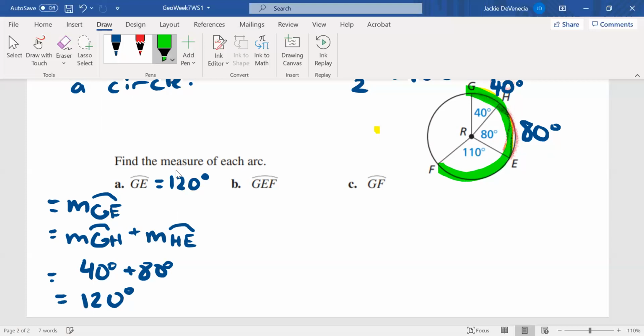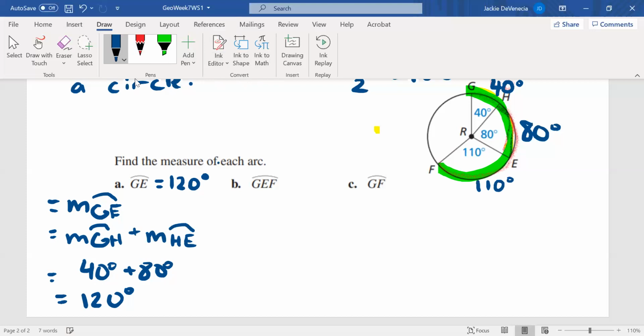We notice here, instead of being made up of two arcs, we have three arcs. So let's find the arc measure of EF. Since this is 110, EF will also be 110.